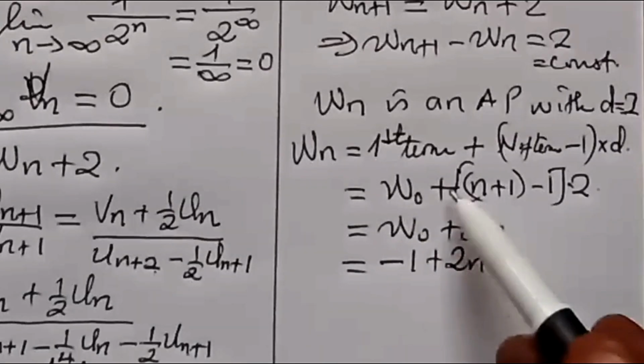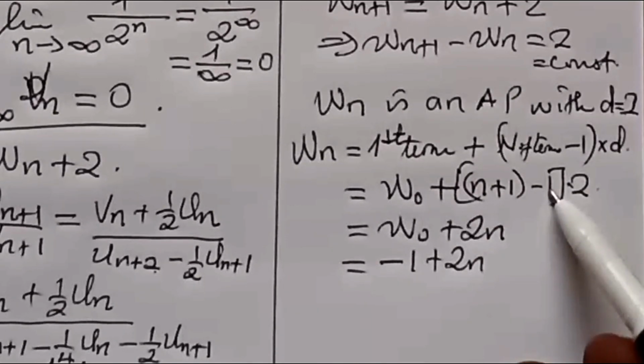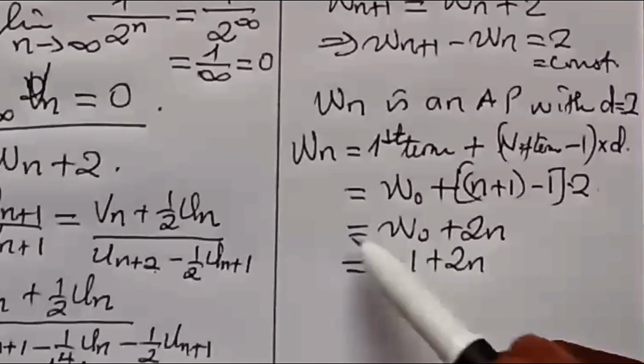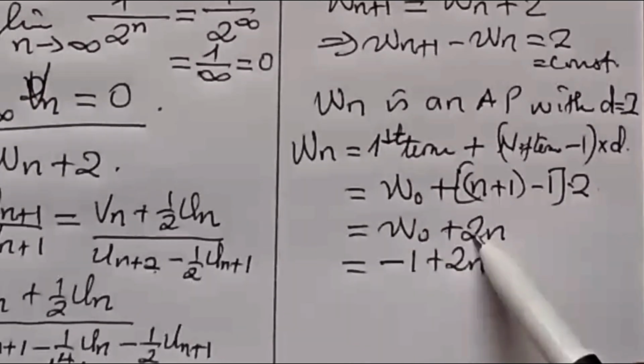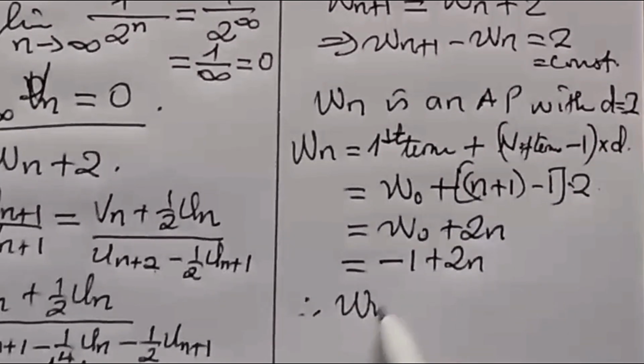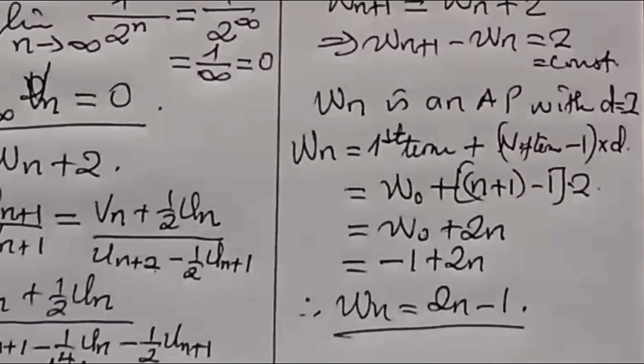So W0 into the number of terms, which is n plus 1 minus 1 times the common difference. So that will give W0 plus 2n. Therefore, Wn equals 2n minus 1. So that is Wn in terms of n as part E specifies.